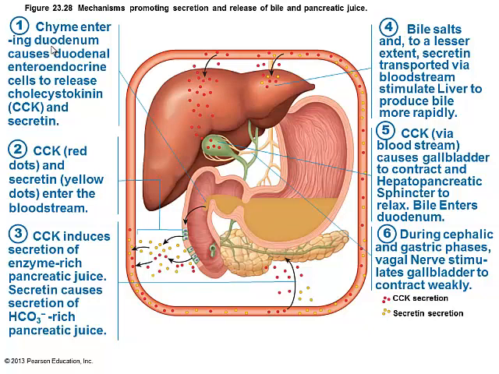Start releasing some of its pancreatic juices, along with a lot of what? Bicarbonate ions. Okay, who's going to get the signal during the cephalic phase, gastric phase? Vagal nerve stimulates the gallbladder to contract weakly. So that's the gallbladder's signal to do what?